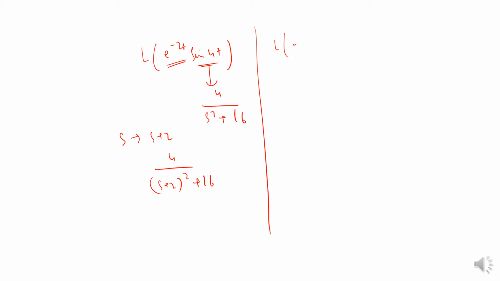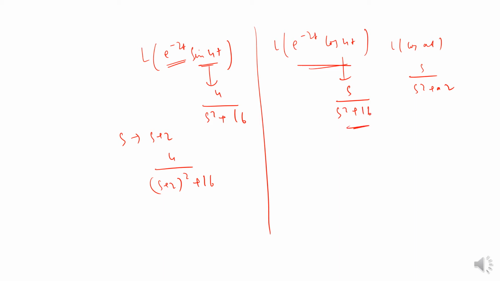Or if we see another question, e power minus 2t cos 4t. For cos, Laplace transform of cos at is what? S by s square plus a square. So similarly s by s square plus 16 is for cos 4t. Now you are multiplying with e power minus 2t. What will it do? Replace s with s plus 2.